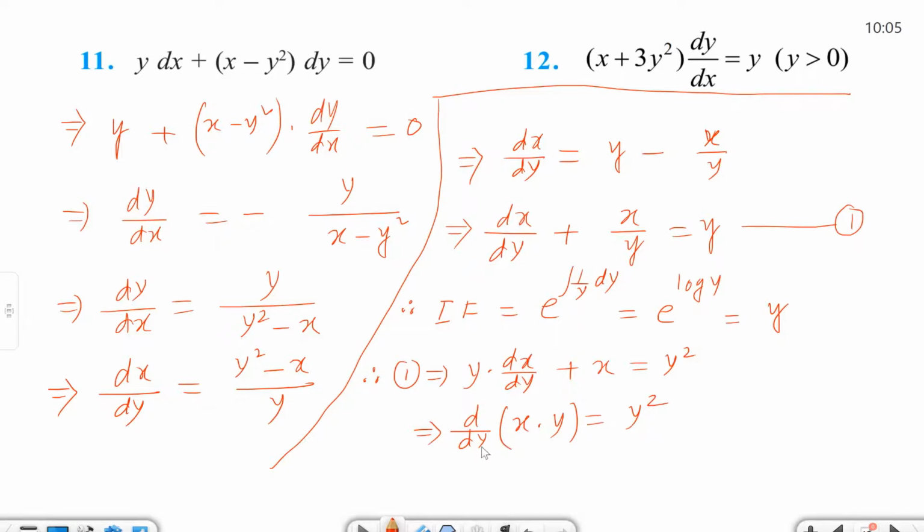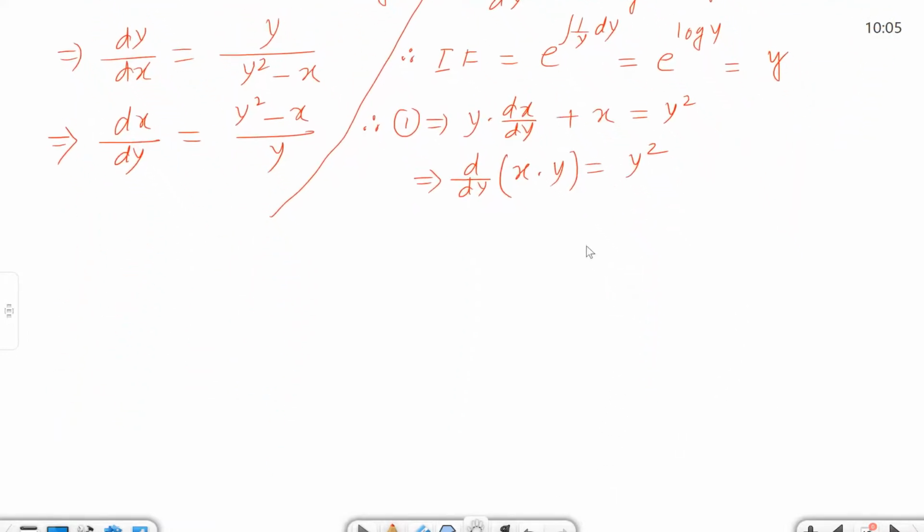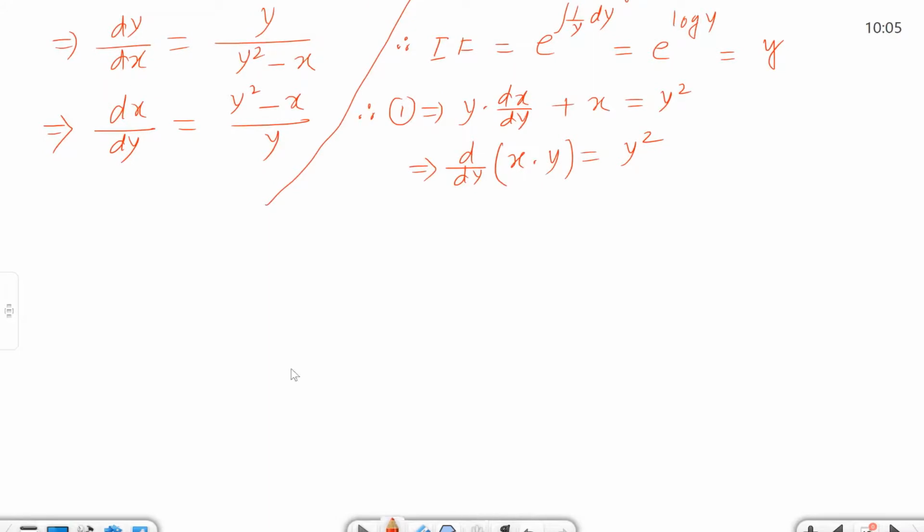Now remove this d/dy and integrate on the other side. So left hand side is xy, equals integration y square dy plus constant c. That implies x into y is equal to y cube by 3 plus c, very simple.